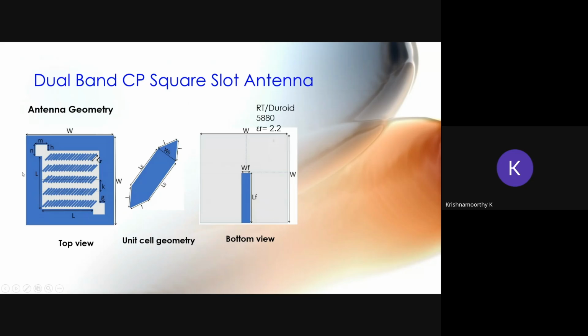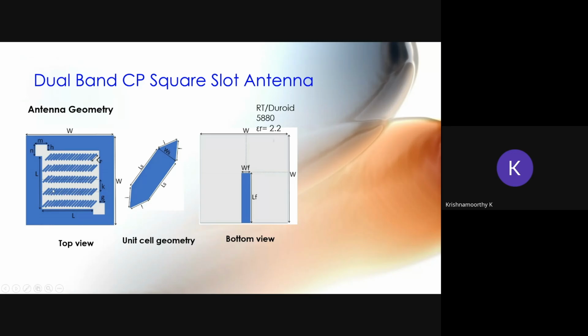The next one is where we are loading the corner expanded slot antenna with this kind of metallic strips. The slot antenna is loaded with metallic strips of this kind of shape. This is the unit cell of the metallic strip.